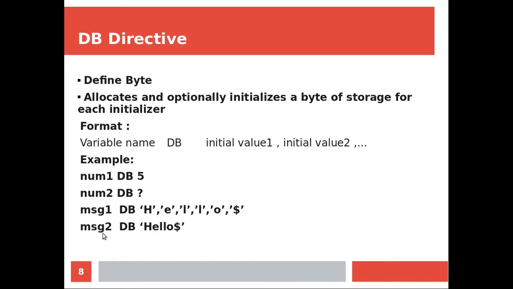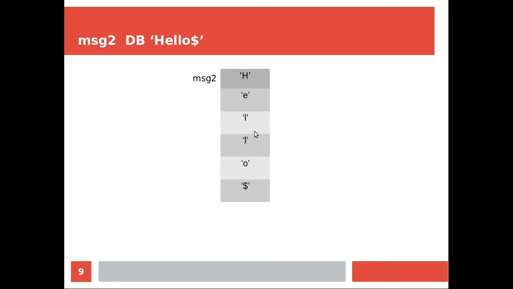Another example, msg2 db 'HELLO$'. Just like a string, we have put all these characters inside two single quotes. This is actually the same as the previous one. This will also create a string with bytes allocated corresponding to each character within the string.